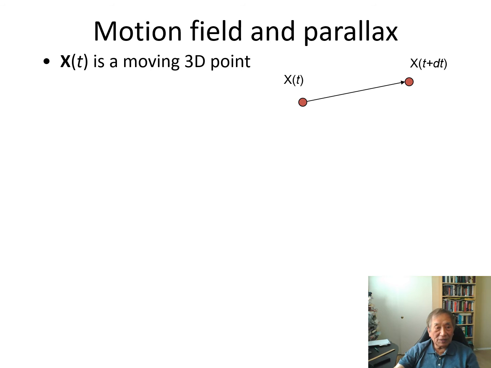So, motion field and parallax. What we have to think about is motion, and yes, it's a vector. We are very familiar with that: we have a time here, and each point, suppose we have just one-dimensional movement up and down. A good example is the thermometer, which goes up and down.